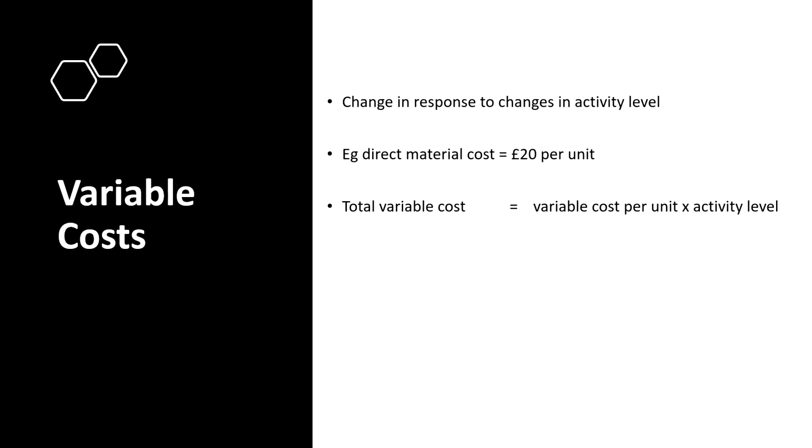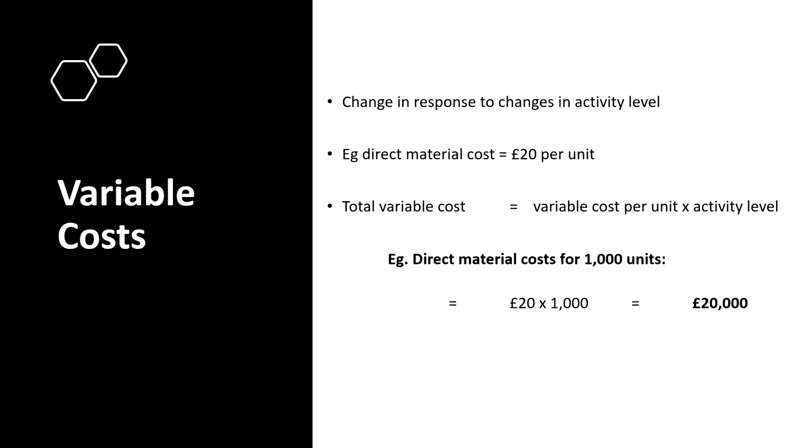And the total variable cost incurred can be calculated by multiplying the variable cost per unit by the activity level. So if, for example, a business was to produce 1,000 units with a variable cost for the materials of £20 per unit, the total direct material costs incurred would be £20 per unit, multiplied by 1,000 units, £20,000.